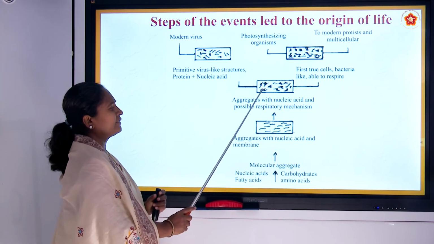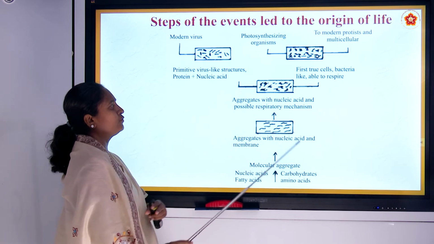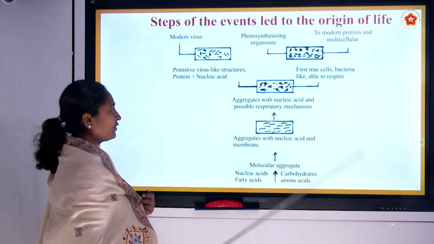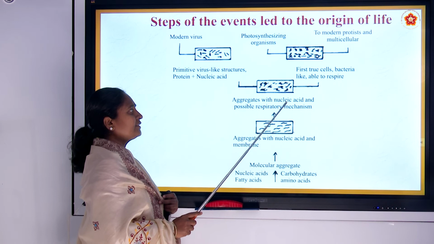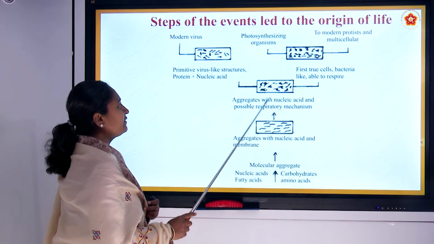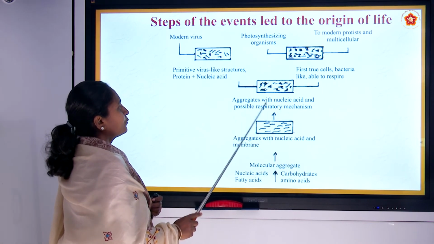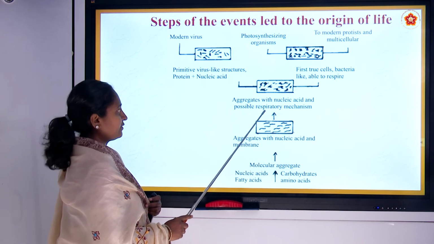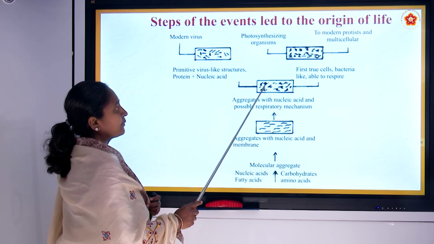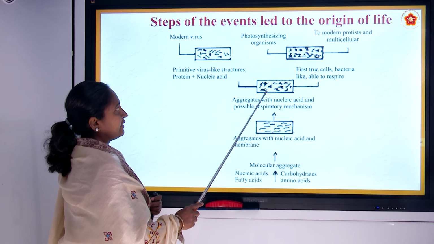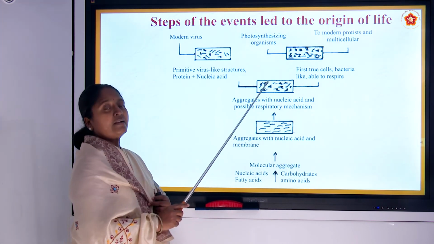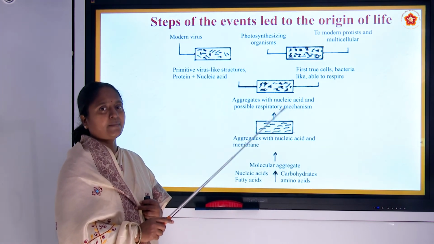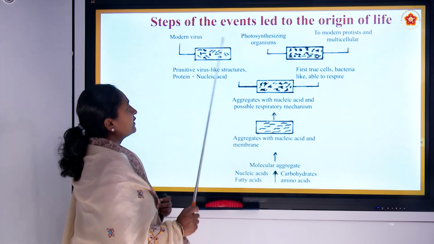Because it was trapped inside, it coordinatingly carried out certain kinds of reactions. Thereby we could see that it had a certain mechanism to do the respiration process, and it started doing some chemical reactions inside, right? These organisms tend to reproduce and produce cells of the same kind.